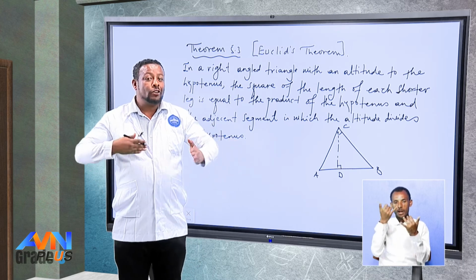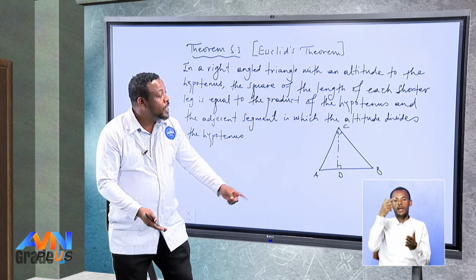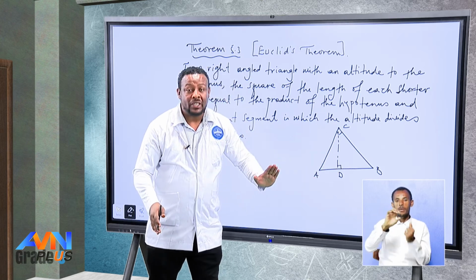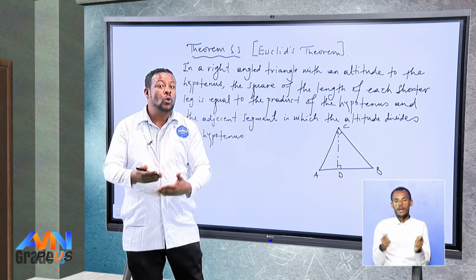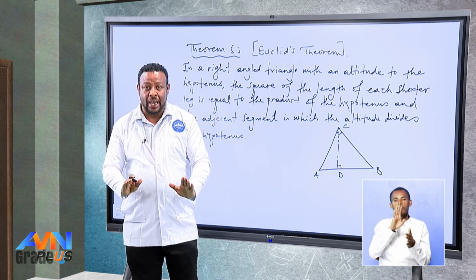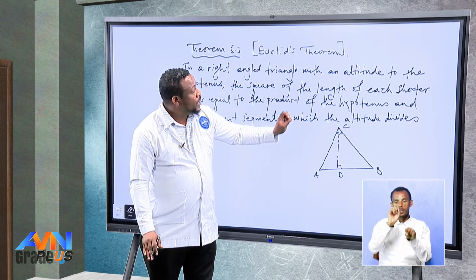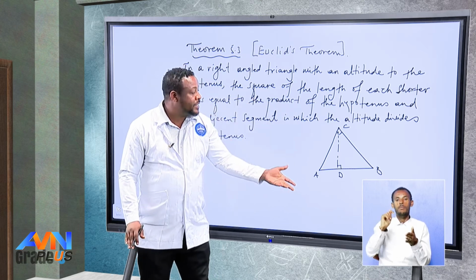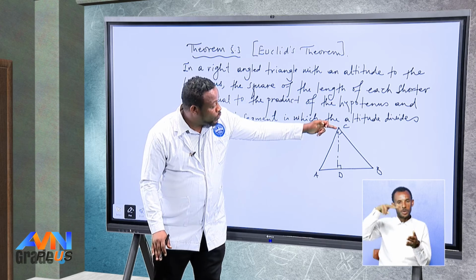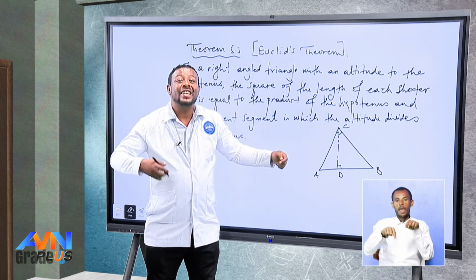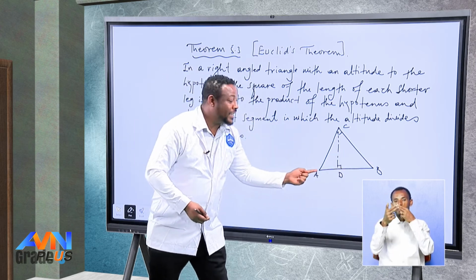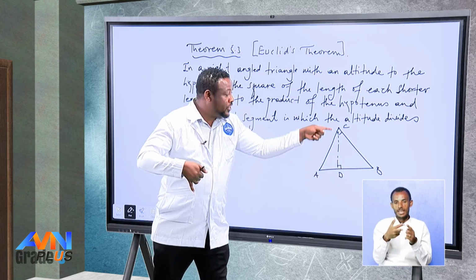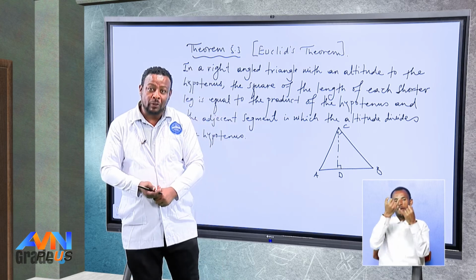Now, based on this triangle ABC, AB is the hypotenuse, so it should be the longest side, right? Geometrically, Euclid's theorem is telling us the square of each leg is equal to the product of the hypotenuse and the adjacent segment into which the altitude divides the hypotenuse.